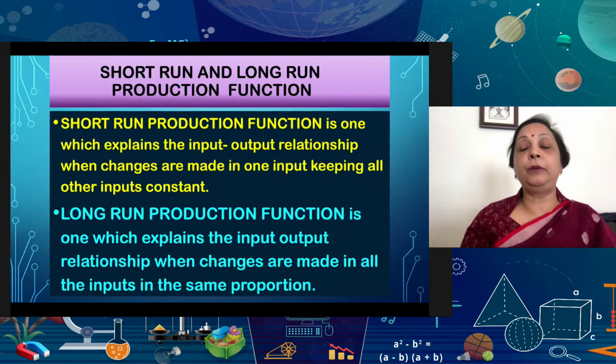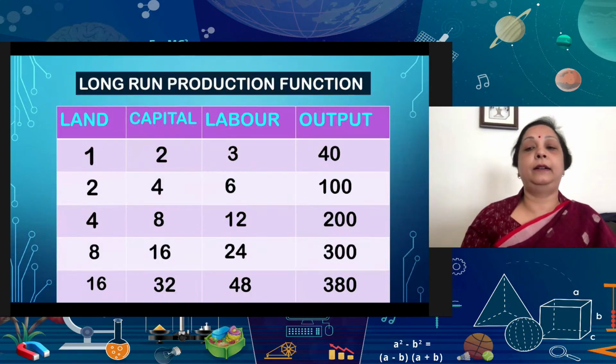All factors become variable. I'm now giving you a numerical example of short-run production function and long-run production function to help you understand the concept better. Look at this numerical. We have taken land as a fixed factor, capital as a fixed factor, labor is a variable factor. But since this is a long run, even land and capital, which are fixed factors, become variable.